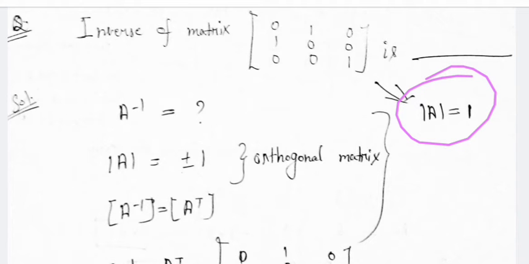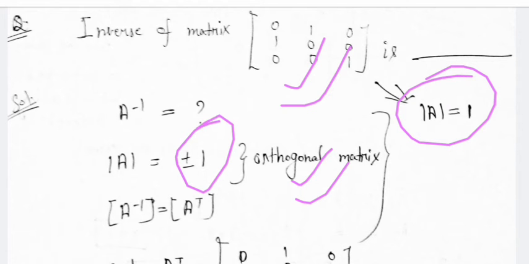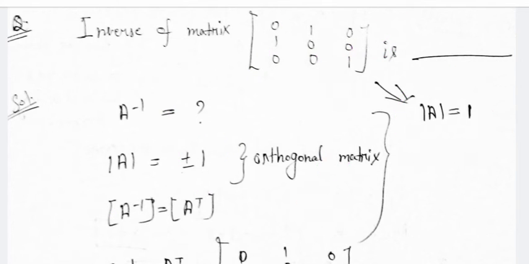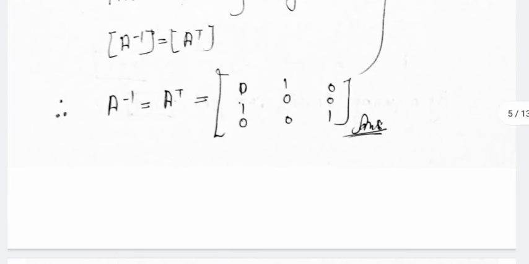When we find the determinant of this matrix, we get 1, meaning this is an orthogonal matrix, because we know that the determinant of an orthogonal matrix must be 1 or minus 1. By another property of orthogonal matrices, the inverse of the matrix is also equal to the transpose of the matrix, so we only need to find the transpose of the matrix, which is the inverse. So we just transpose this matrix and we get the inverse of the matrix, and this is your answer.